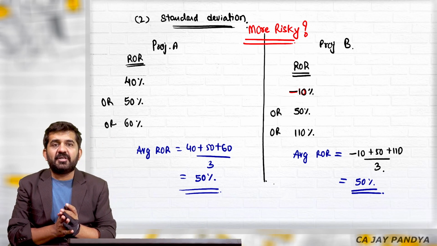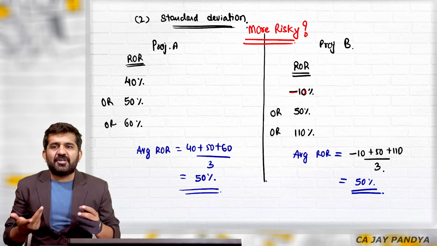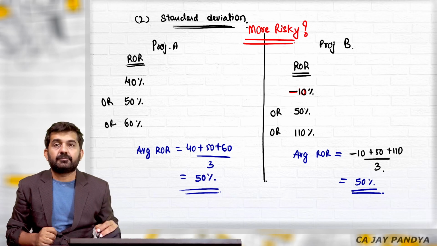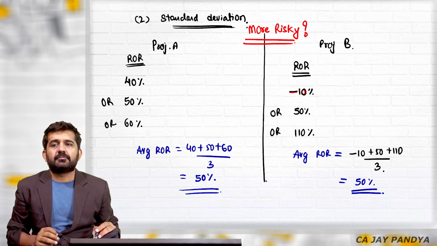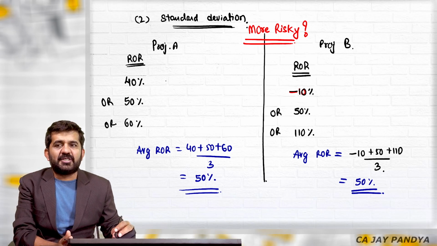Yes, now anyone, which project is more risky? Average rate of return in both projects is the same. No one? Yes, project B is more risky.